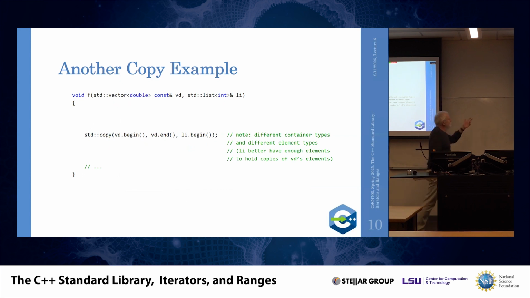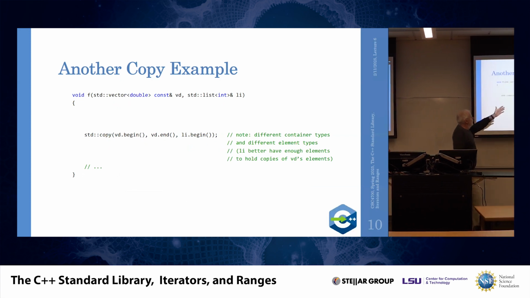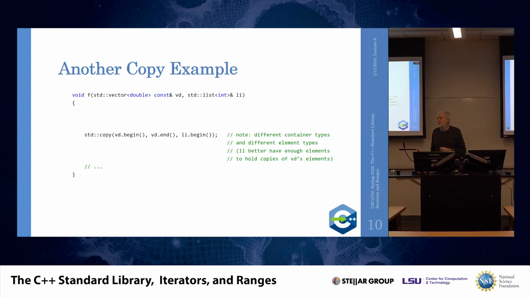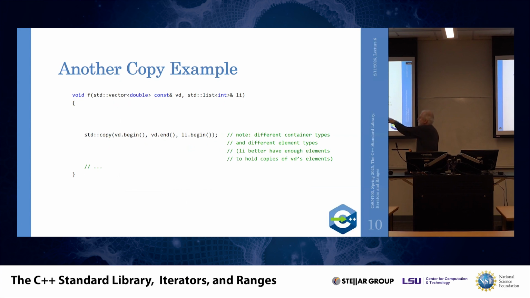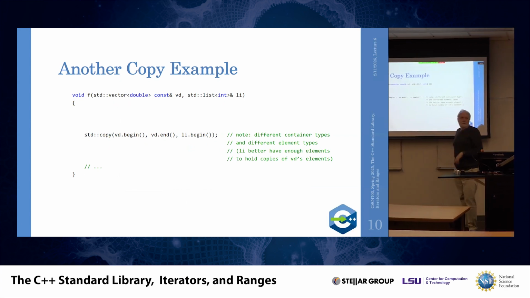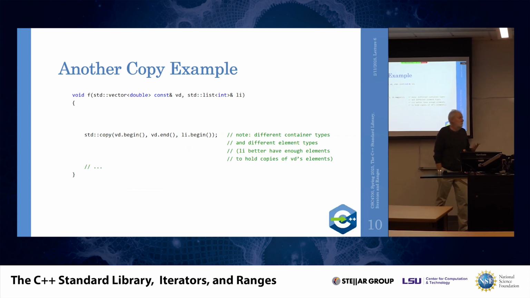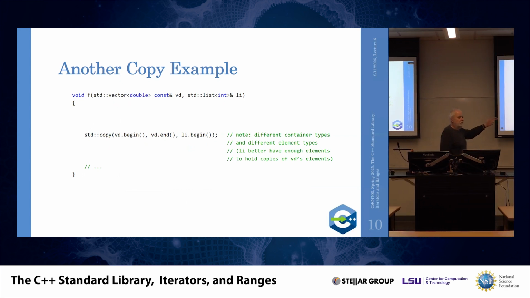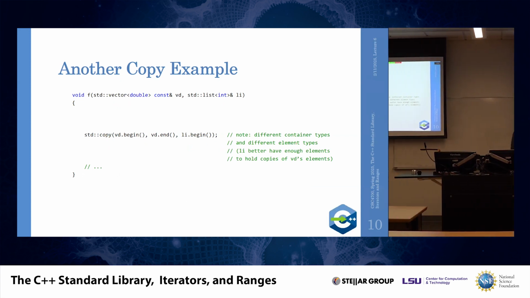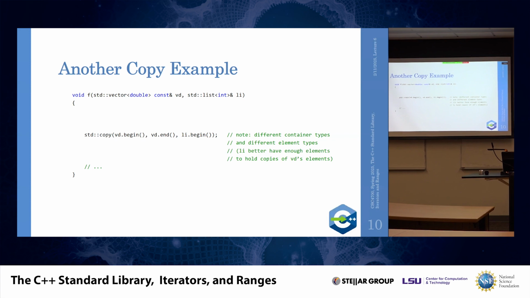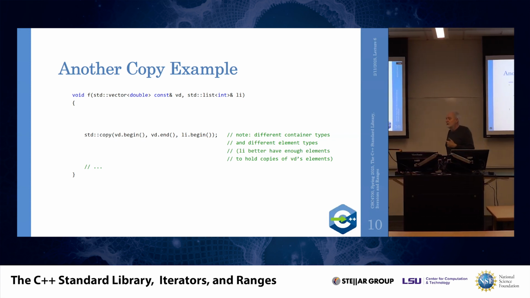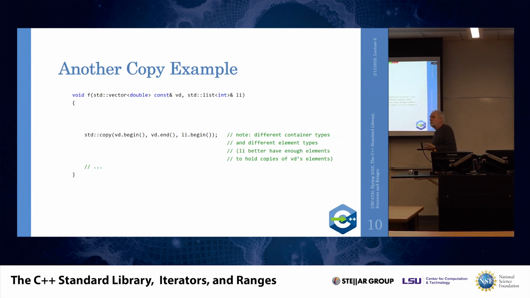I have a function f which receives a vector of doubles and a reference to a list of ints, and what it does, it copies the elements from the vector into the list. And as you can see, we can use copy for that just fine. So copy doesn't rely on the destination and the source representing the same container type, because here it's a vector and a list, and it doesn't rely on the element types being the same.